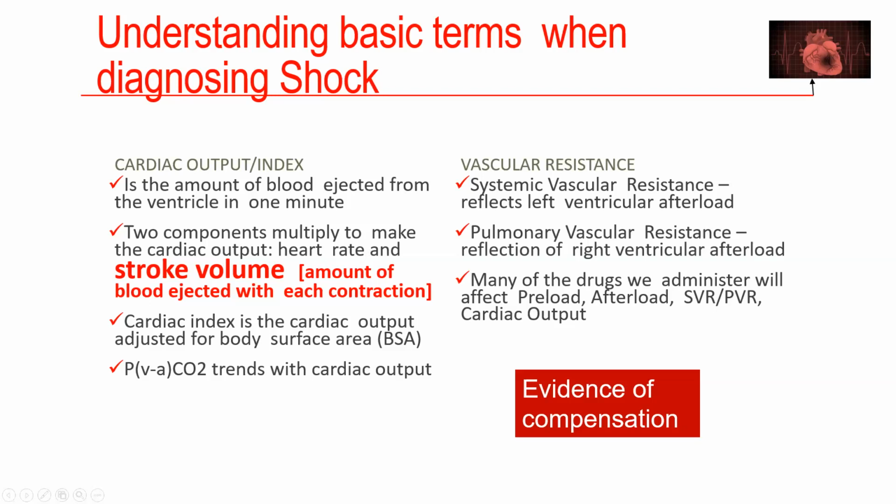What you need to focus on for your exam and in your clinical practice is stroke volume. You're always trying to improve stroke volume. And when you see patients with persistent tachycardia, that is a compensatory mechanism for low stroke volume.